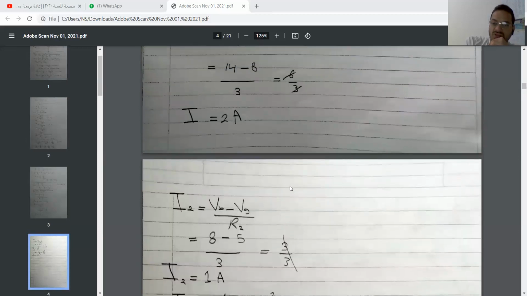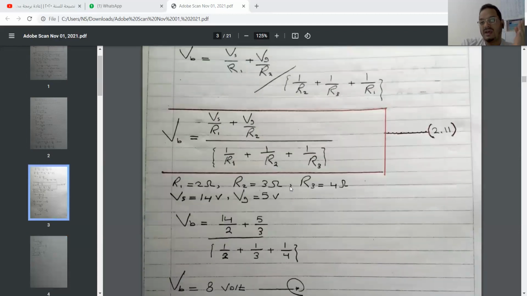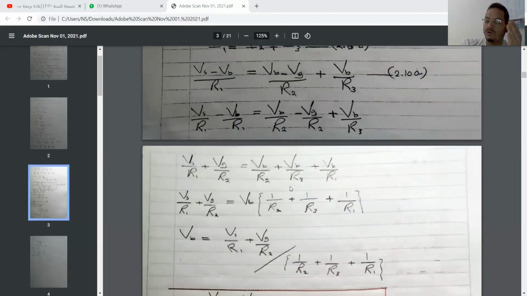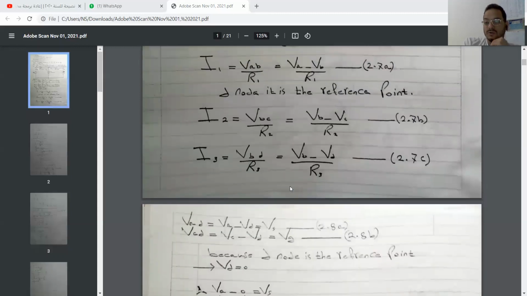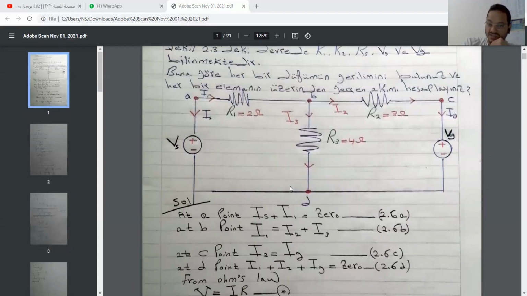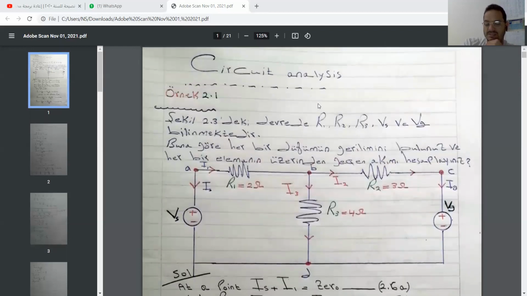By that we can calculate all the voltage drops in the circuit. For example, VBD will equal what? And we can calculate the voltage drops VAB and VBC.